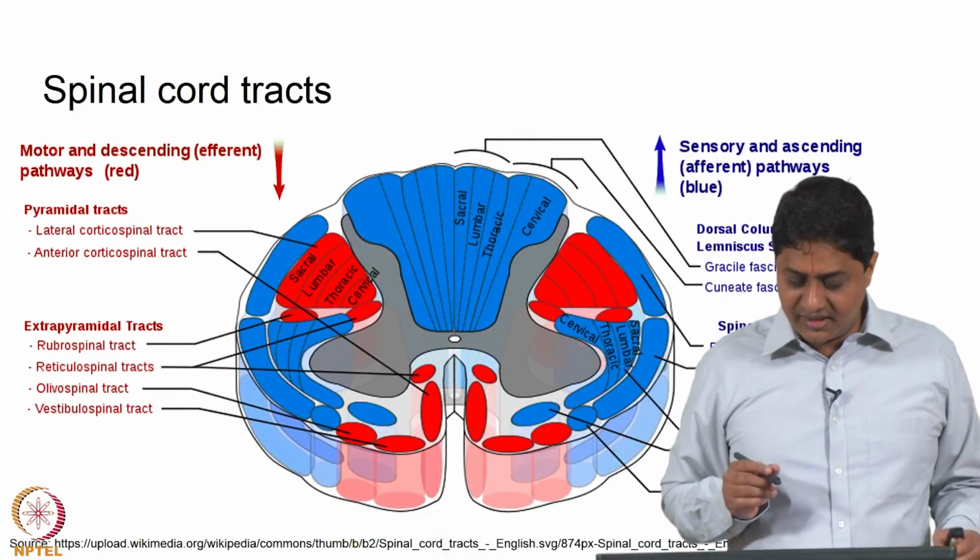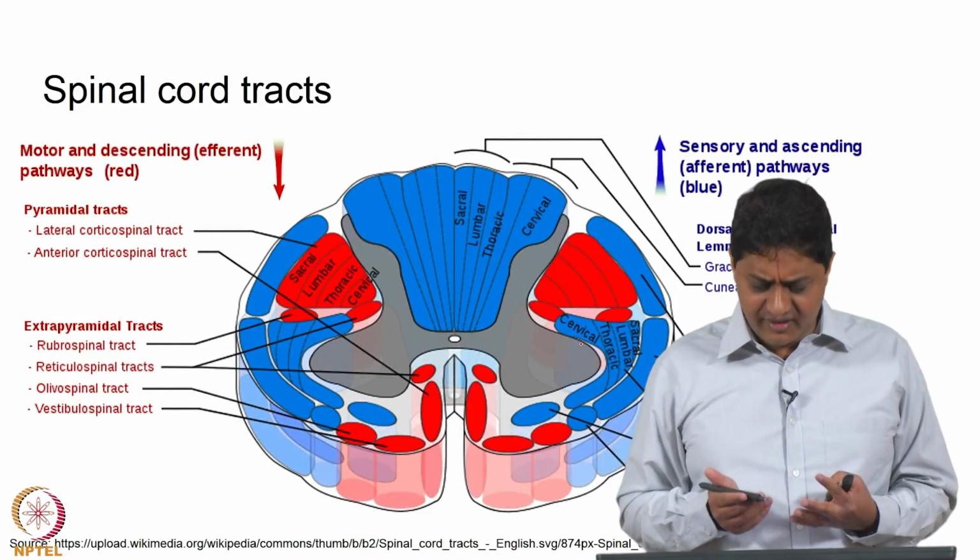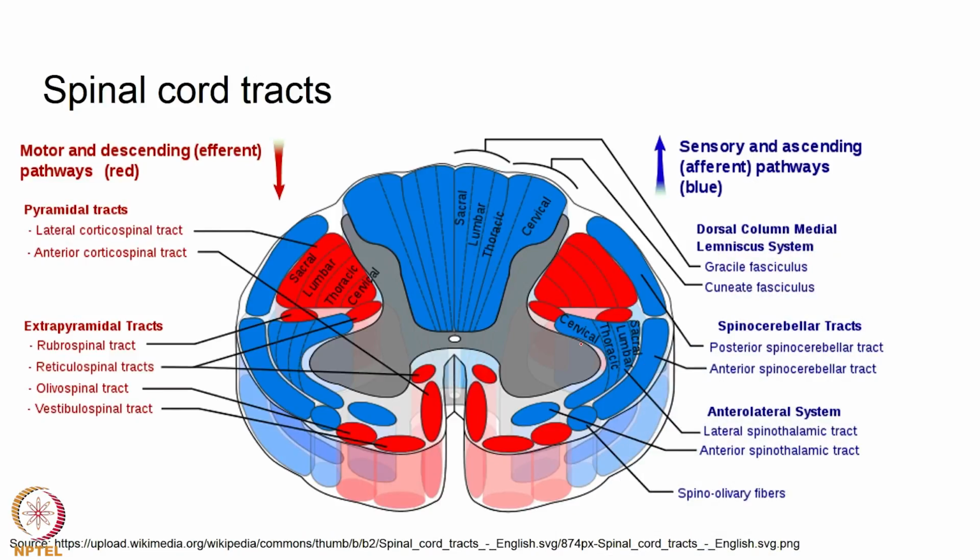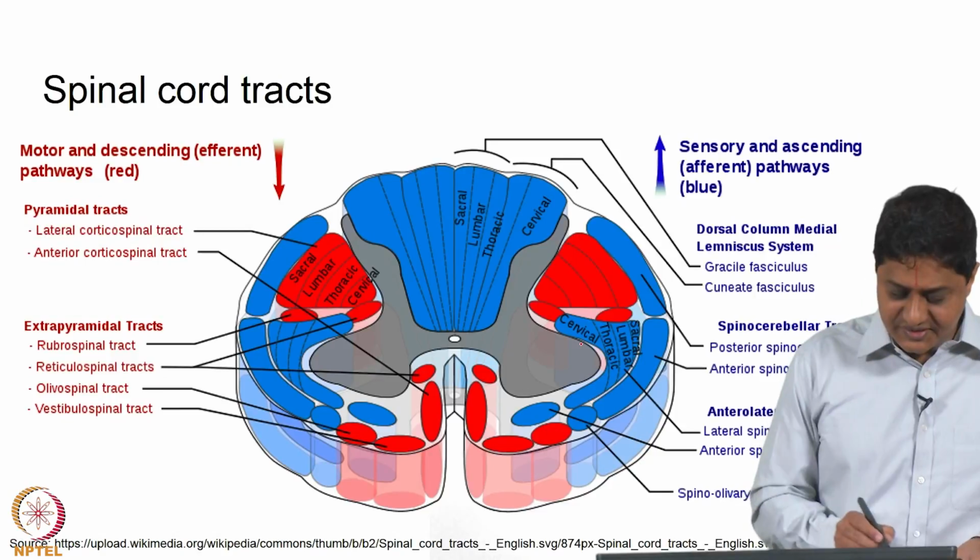So, here is a topography, a rough map. This is not perfect, but a relatively reasonable topography of how information from various segments of the spinal cord is routed, right. You see different tracts coming from different places.